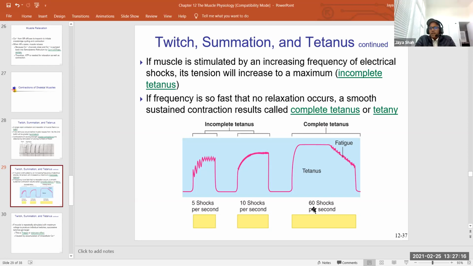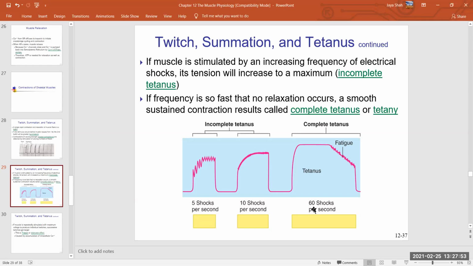When I lift this cell phone, and then I try to lift this table, first I cannot lift, and then I increase, recruit, and then I lift it all. When I'm lifting that whole table, that is tetanus, because all the muscles are in a contracted form. Sustained contraction, continuous contraction, that is tetanus. Are you following me? Yes, thank you. This is the lab portion, that's why we call it shock. In real life, our brain knows how to do it. It sends the electrical impulse from our brain through the motor neuron and keeps the tetanus continuous.